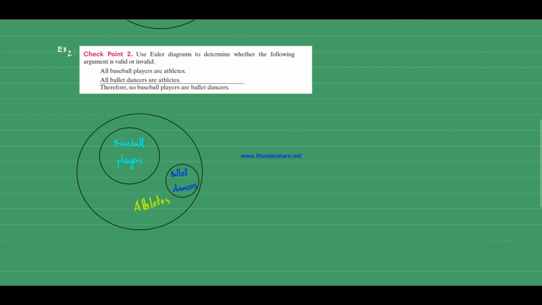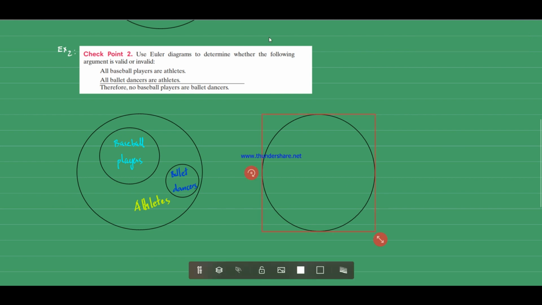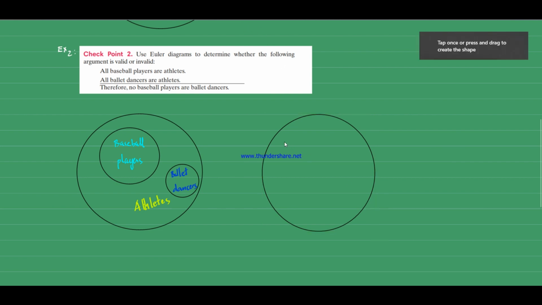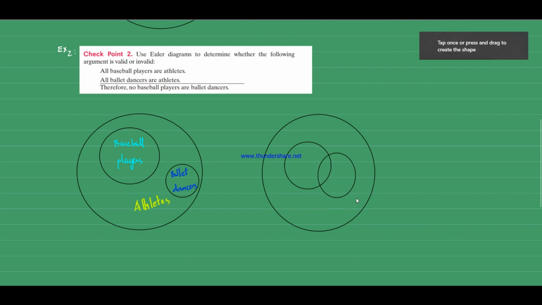Look at that. If I draw another one, okay, then I draw this. Then I draw another one. Then you will see what I can put over here. I can put athlete over here.